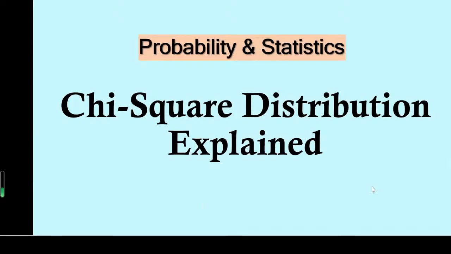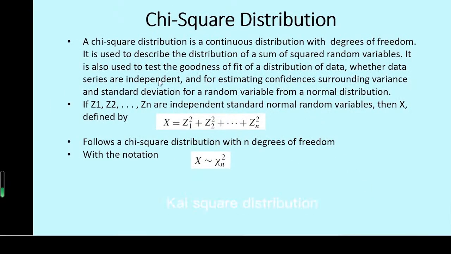In this video, we will talk about chi-square distribution. Chi-square distribution is a continuous distribution with degrees of freedom. It is most widely used to describe the distribution of a sum of squared random variables.